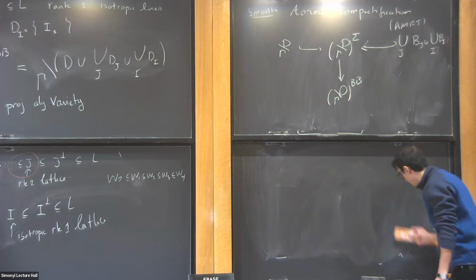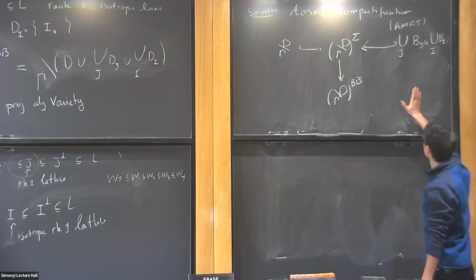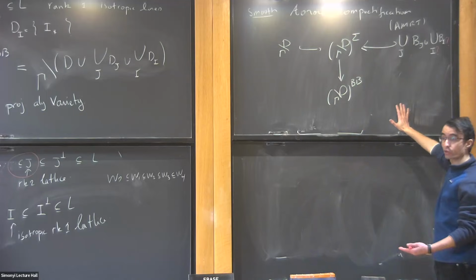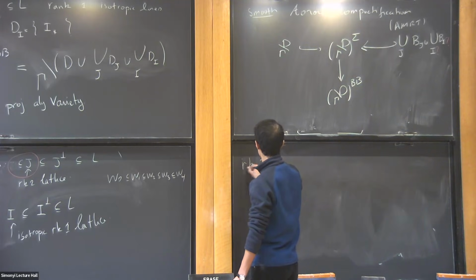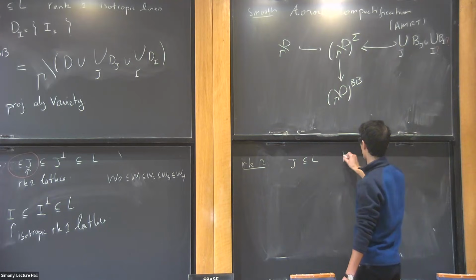Let me just describe the structure of the boundary, like what boundary divisors you get. In the first case, you have a rank 2 sublattice which is isotropic. So you fix J inside L, totally isotropic of rank 2.